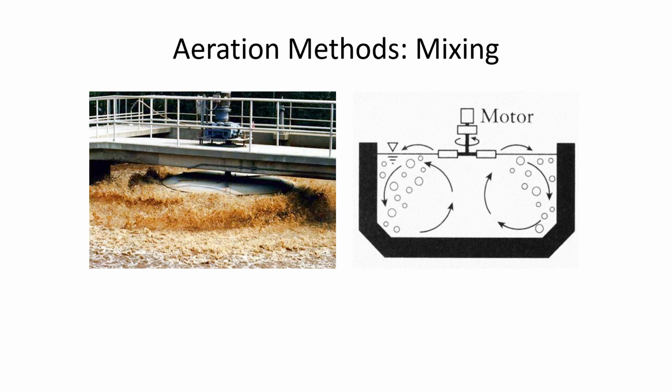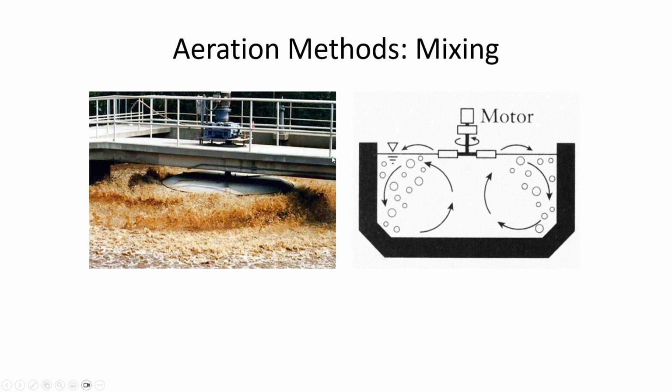If we're doing it in an aeration basin, we have to have some way of providing oxygen to the wastewater. And so mechanical mixing would be to have a motor and impellers which are mixing the mixed liquor and bringing it to the surface with enough energy that it's kind of splashing around and entraining air.